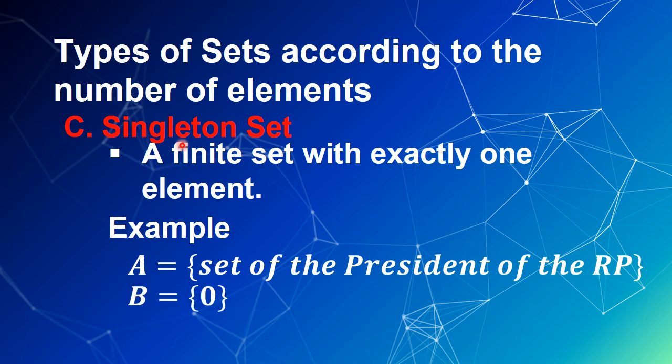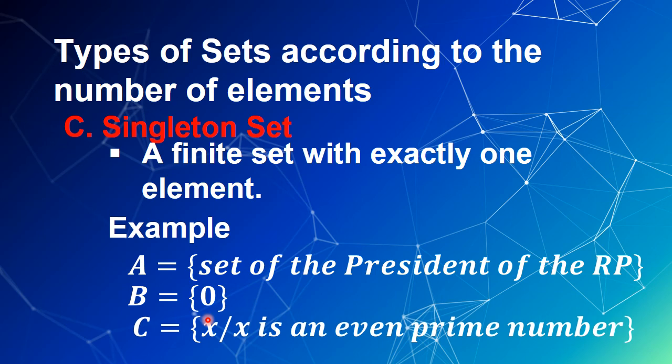The second one is 0. If you're going to count the number of elements in this one, that is only one element. So this one is what we call a singleton set or unit set. Then lastly, we have x such that x is an even prime number. What is that number which is even and also prime?